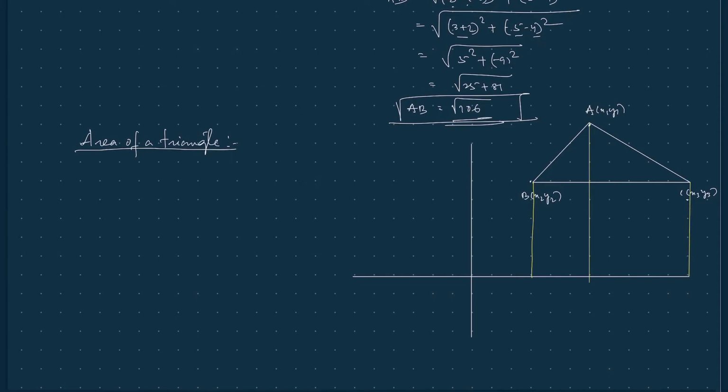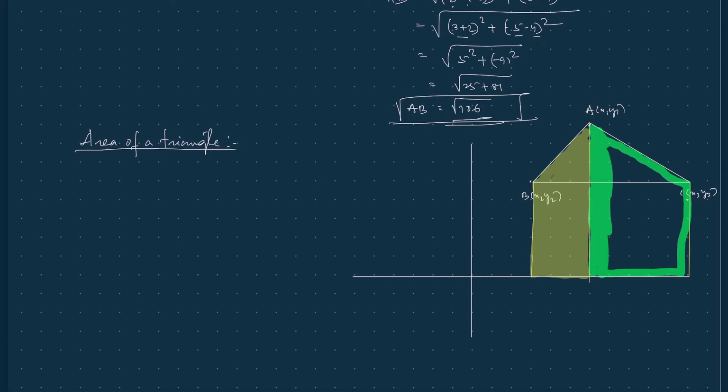Now you can see there are two trapeziums. This is one trapezium, and this is another trapezium.